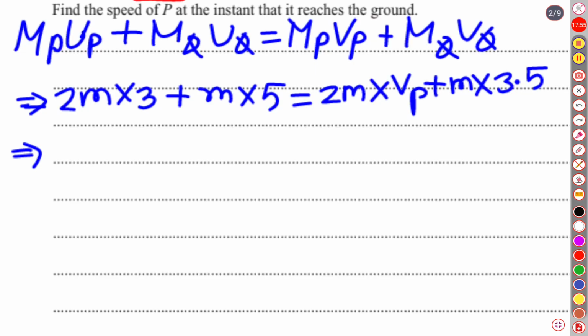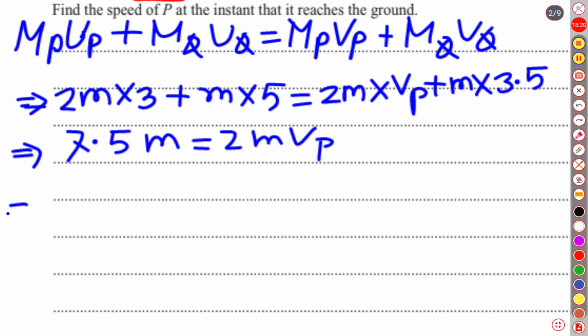So 6m plus 5m is 11m, and from 11 if we subtract 3.5, we can directly write 11 minus 3.5m is equal to 7.5m, and on the right side it is going to be 2m vp.